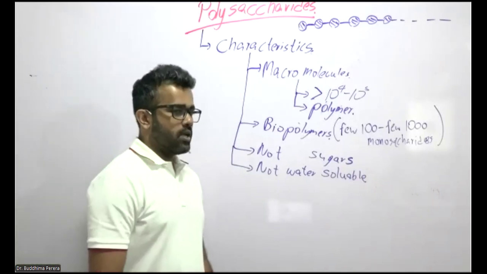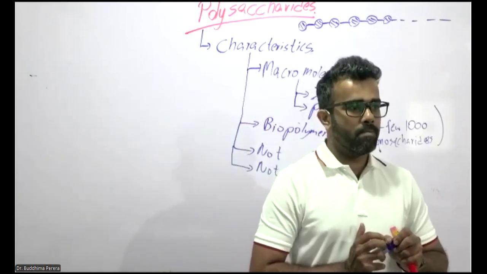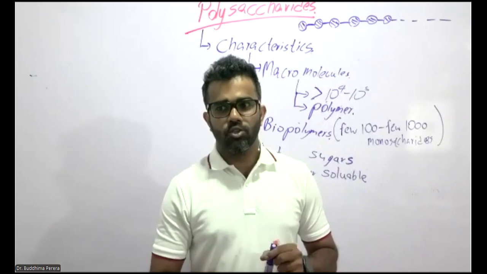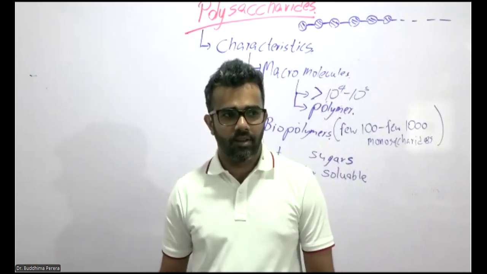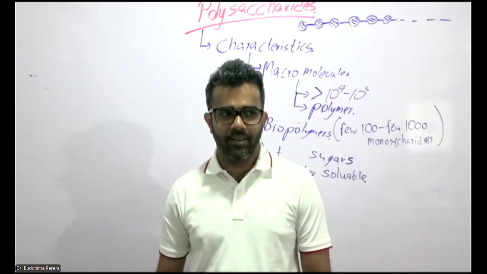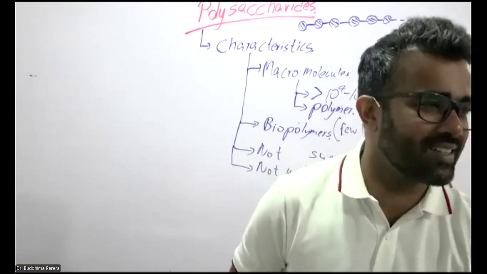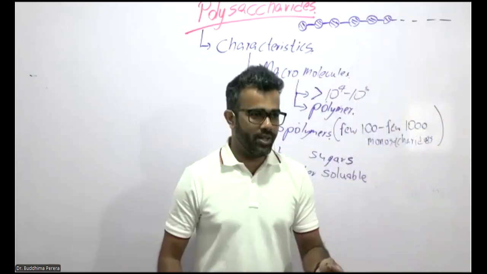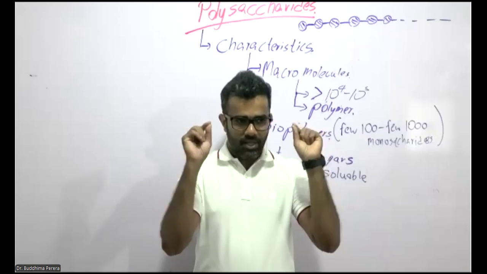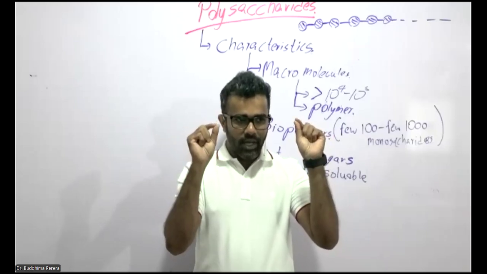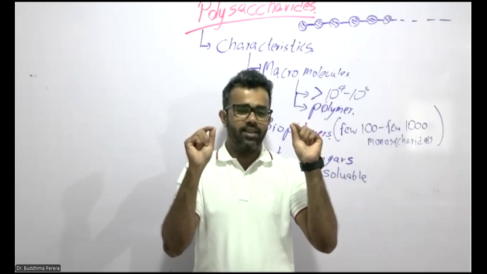Then, is starch in crystalline form? No, it's a powder. Sucrose is in crystalline form. Glucose is crystalline, small crystals. Just take sugar in one hand and starch in the other and rub them, and you will see what is a powder and what is crystalline.